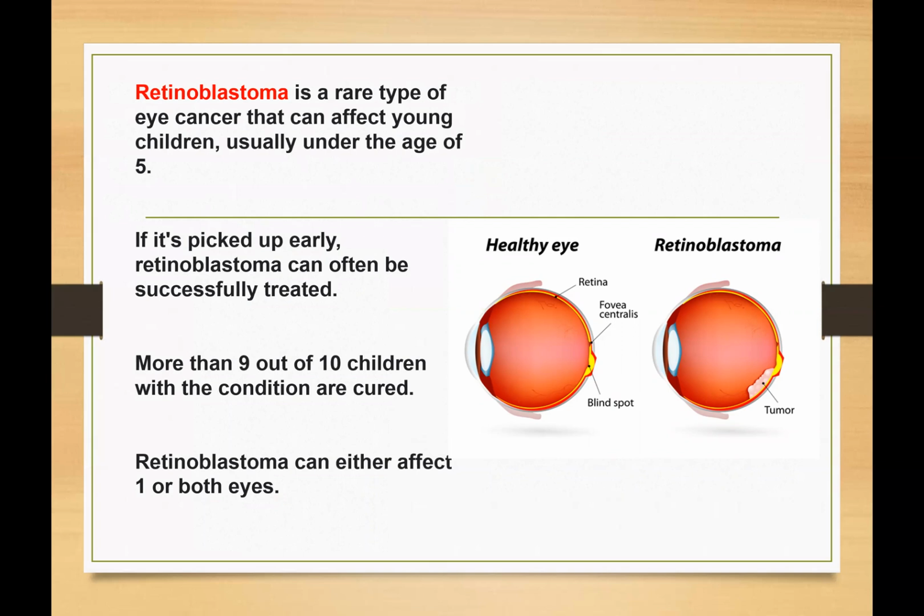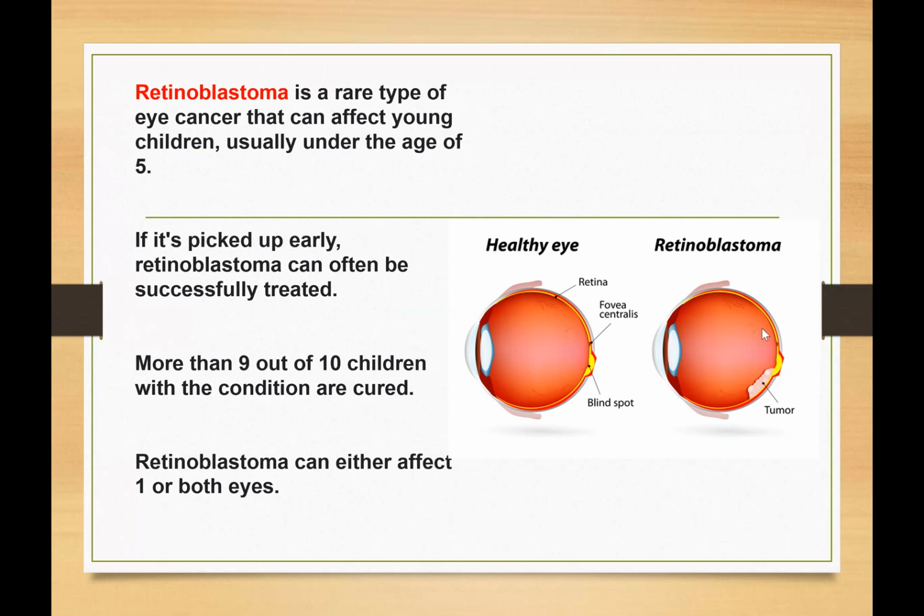But then let us look at what this disease is that I'm referring to, retinoblastoma. As I mentioned, it's an eye cancer. This is the normal eye. It develops here in the retina of the eye, which has light-sensitive cells.